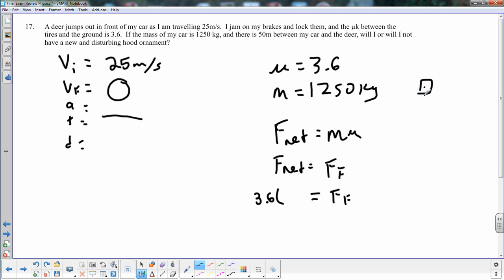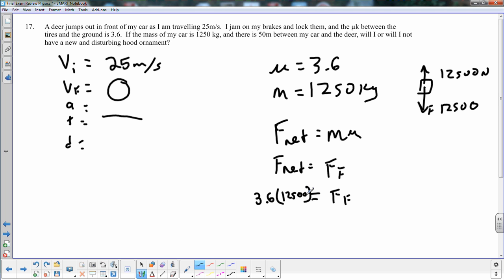So force of friction, mu times the normal force. 12,500 times 3.6 gives us 45,000 newtons of stopping power. These tires will give us 45,000 newtons of friction.